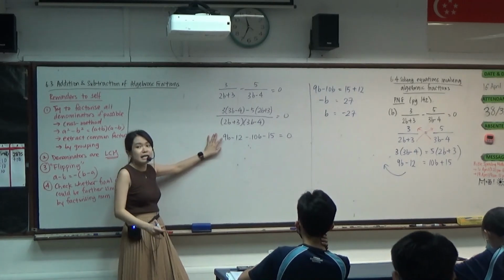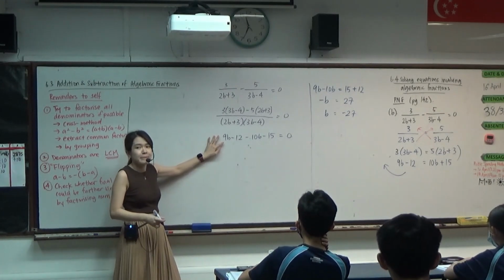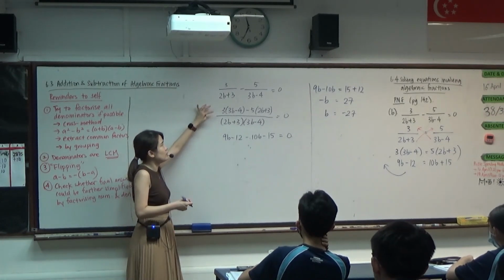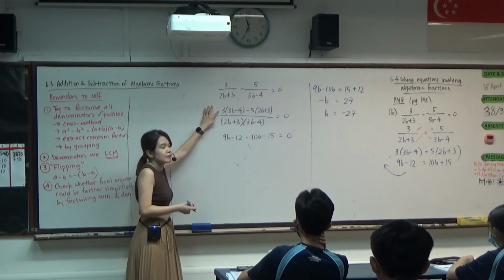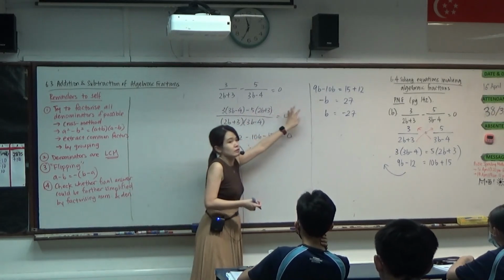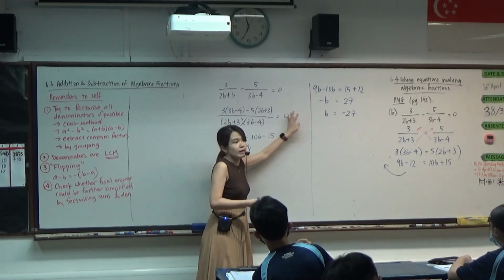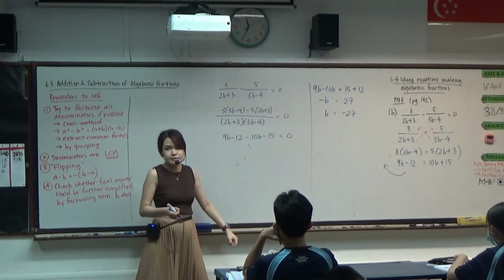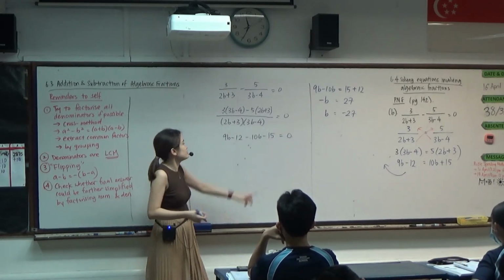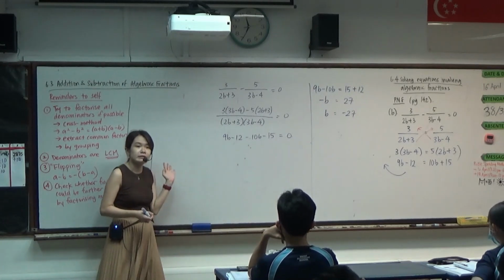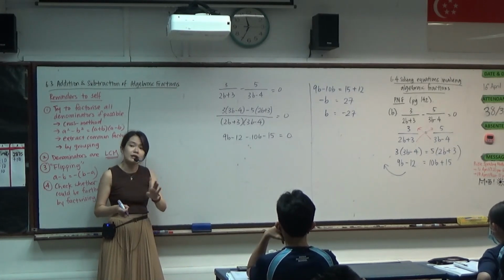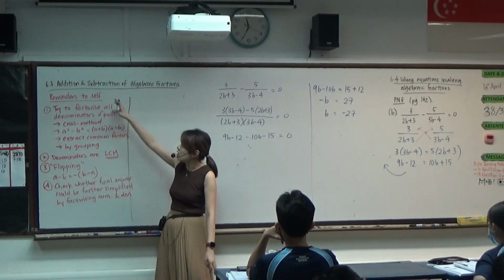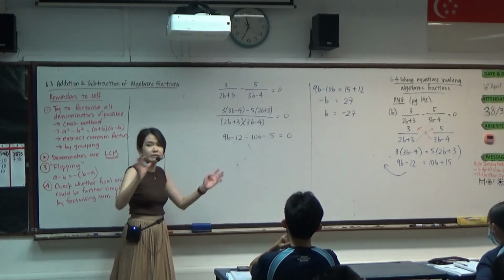Now you notice I never write the denominator. Why? Because actually from this step, not only was I expanding the numerator, I also multiplied the denominator over. When I multiply it over, it is actually already a 0. 0 times anything is 0. So that's why my denominator disappeared. This only works for equation. It doesn't work for expression. So in your earlier chapter 6.3, your denominator cannot disappear.